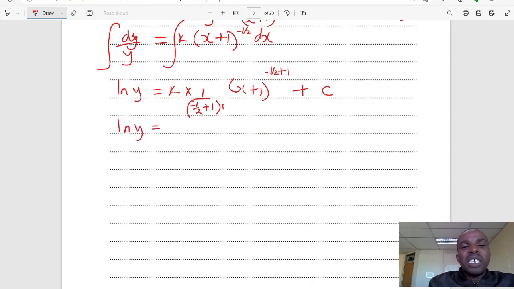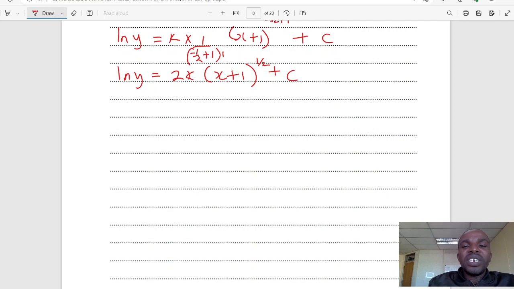Let's simplify the denominator first. Minus half plus 1, what is it? It's half. Then 1 divided by half is 2. So it will be 2k, then x plus 1 to the power half, because minus half plus 1 is half. Then plus c, a constant of integration.